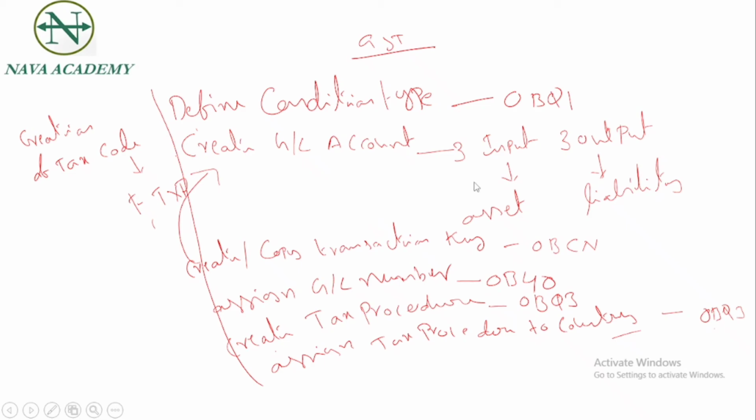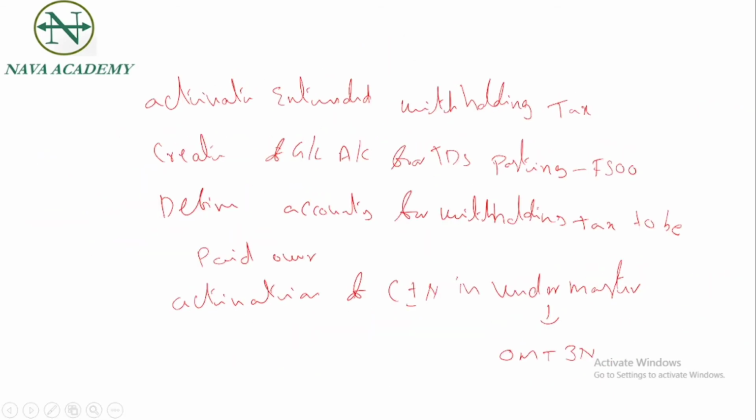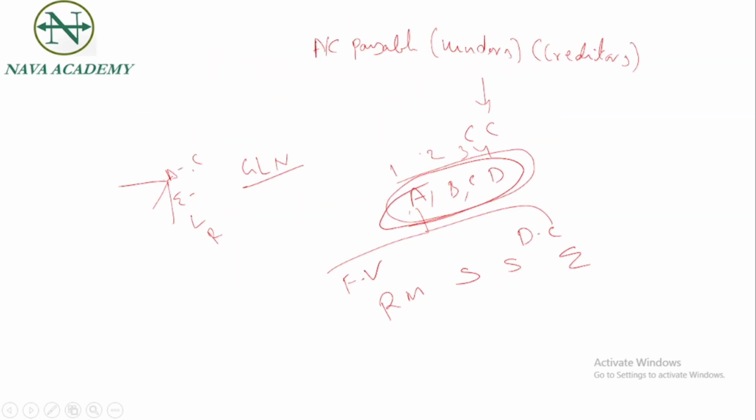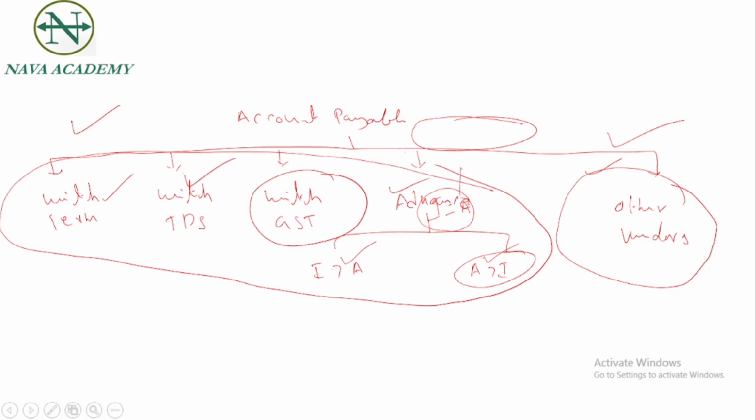What we have done till now, let's see. See this, account payables. We created account payables with terms, with TDS, with GST, and advance and others, two related to payments. Now pass the entry with all. Let's see what will happen.